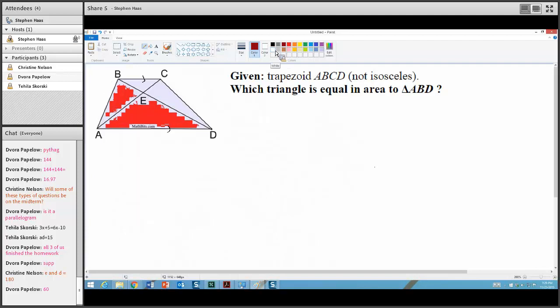One thing we can do to try to figure out ABD is see if there are any triangles that are congruent to this whole thing. We know that this angle is congruent to, no, I'm sorry, one second. We know that this angle is congruent to this because of alternate interiors.